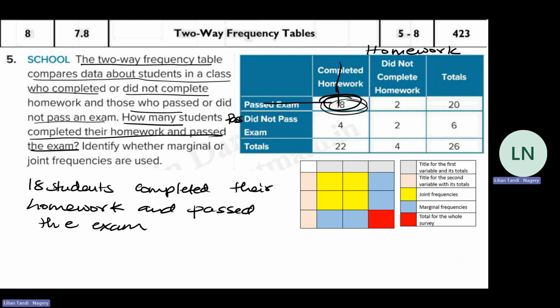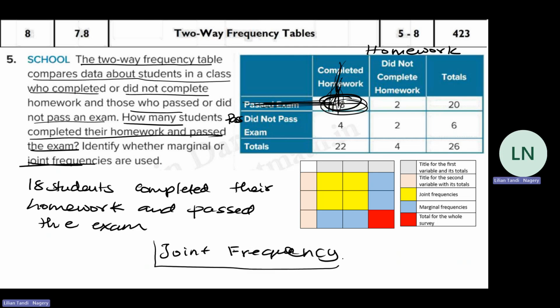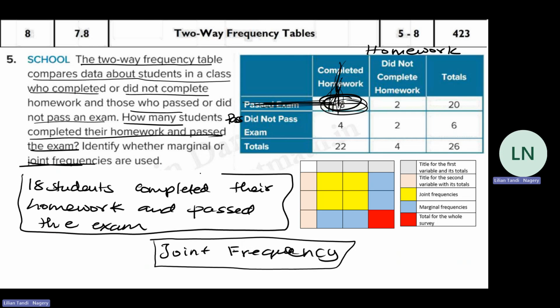And because it is here, it is a joint frequency. Why is it joint? Because you use both homework and passing. So you're joining this row and this column. So that's why joint frequency is your answer, and 18 students is your answer. So you should have two answers for this question.